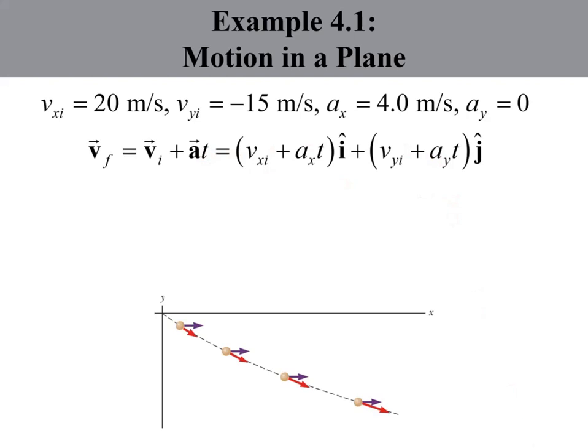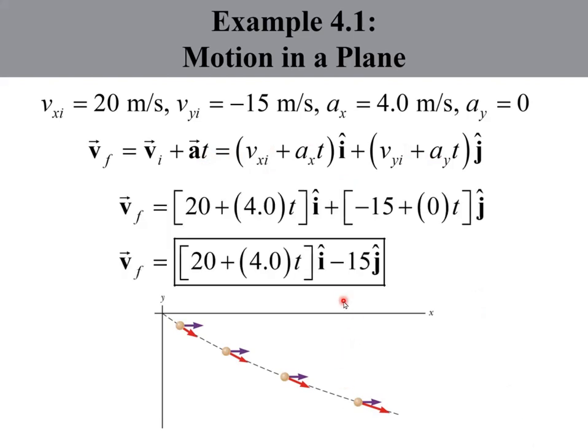Putting in all these values, we have 20 plus 4t i, negative 15 plus 0t j, which then becomes the final equation. This is our equation of velocity at any later time, because it has t in it.